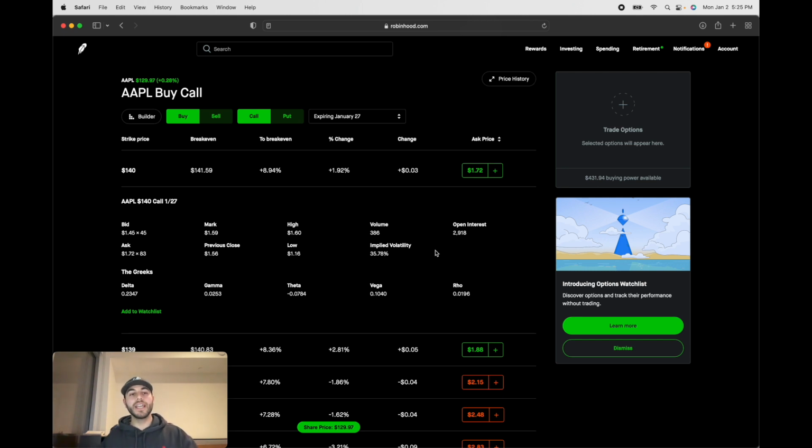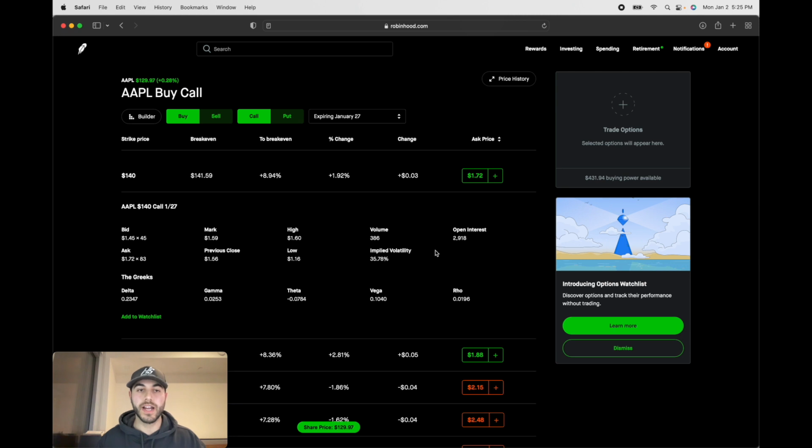So what you're doing as a buyer of an option contract, say we already talked about Apple currently being 130. Say you are very bullish on Apple and you think that Apple's actually going to go to 160 by the end of the month.